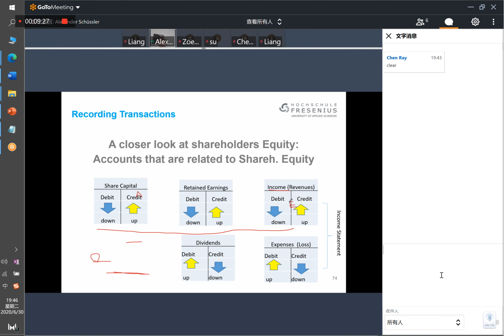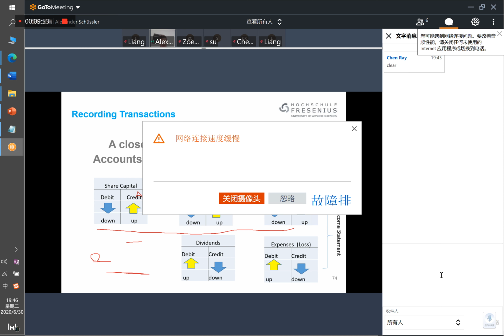Expenses make sense, because income increases equity and expenses decrease equity. Dividends also decrease equity. That's why here credit goes up, and here debit goes up, credit goes down.